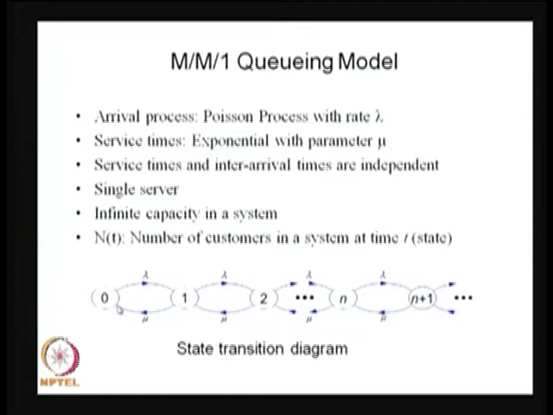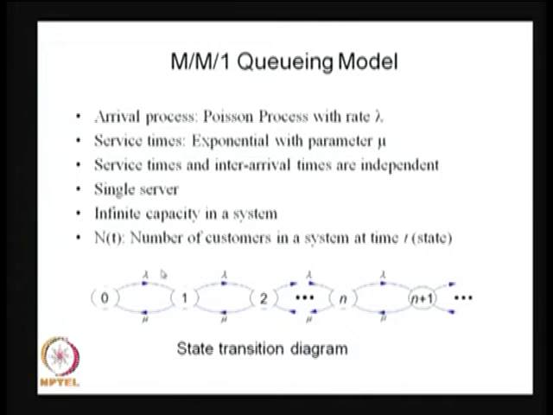So, one can write the state transition diagram for this CTMC. That means the possible states are 0, 1, 2 and so on. These will form the nodes, and you try to find out the rate at which the system is moving from one state to another state.